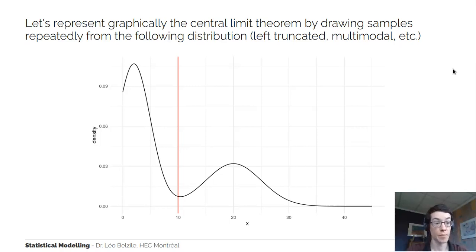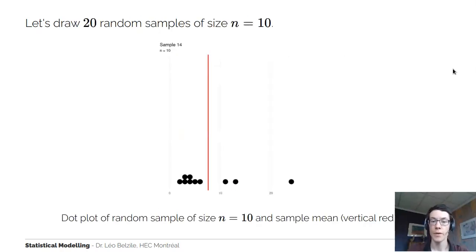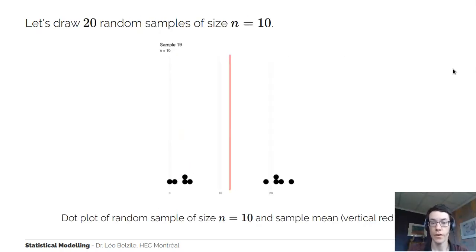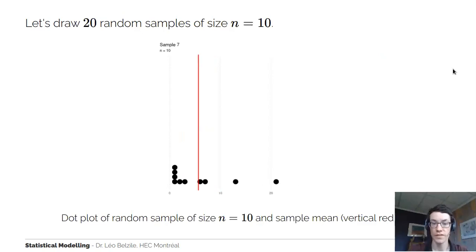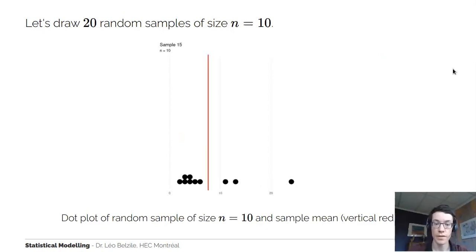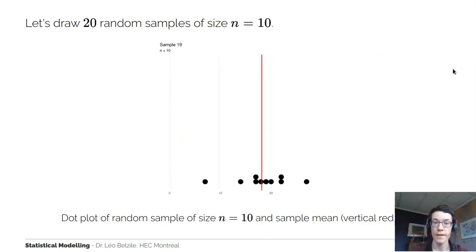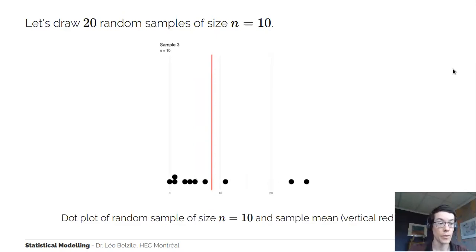So what I'm going to do is apply the theorem by looking at the distribution of the average from repeated samples. I'm going to take here, you see 20 samples of size n equals 10. And for each sample, in the dot plot, the red vertical line represents their sample average.